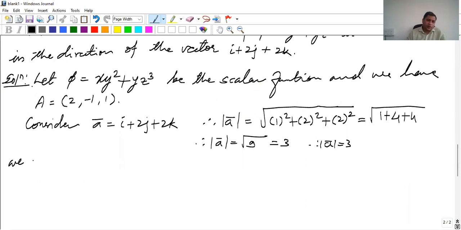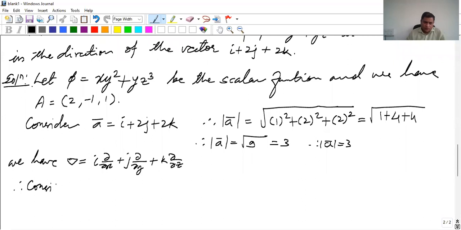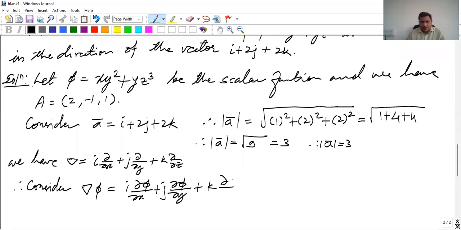Hence we have del equal to i del by del x plus j del by del y plus k del by del z, and hence del phi is equal to i del phi by del x plus j del phi by del y plus k del phi by del z.